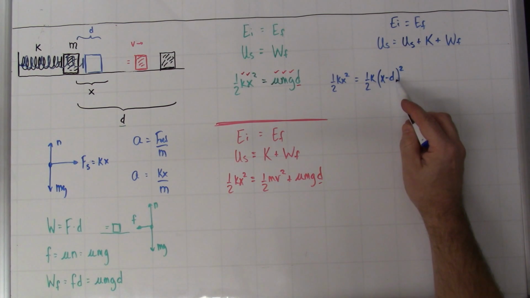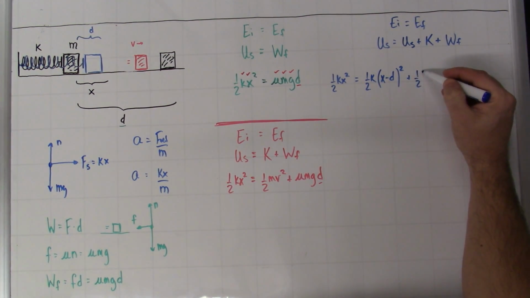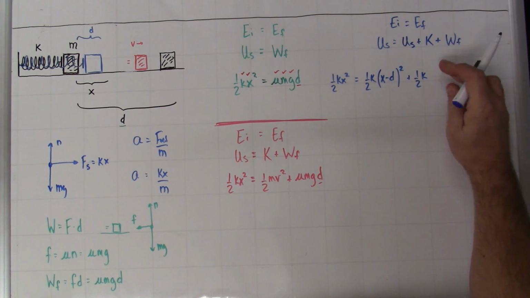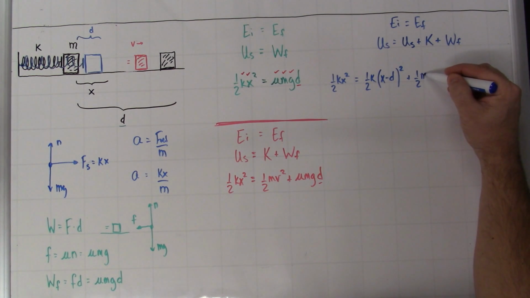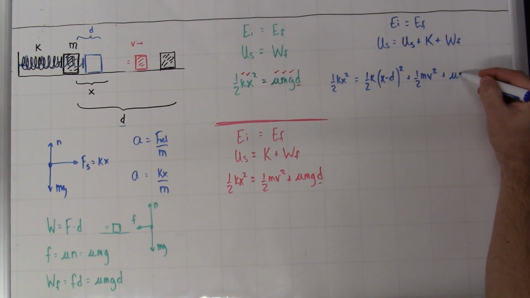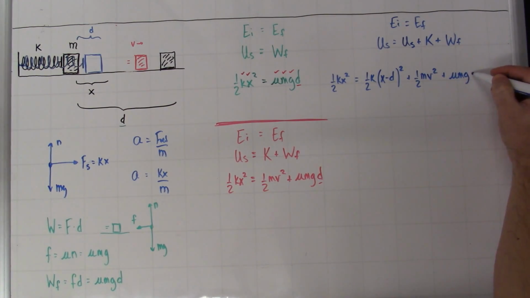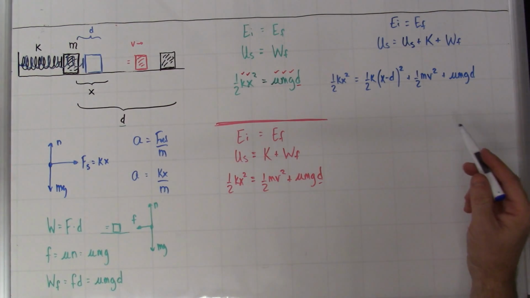So this is the energy that's left in the spring plus 1/2 mv squared for the kinetic energy plus mu mg, and this is d, the amount that the block is sliding while it's uncompressing.